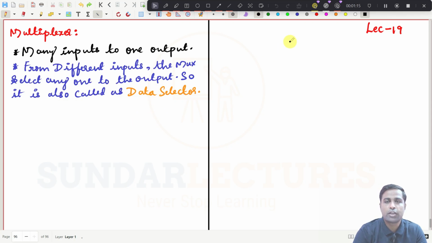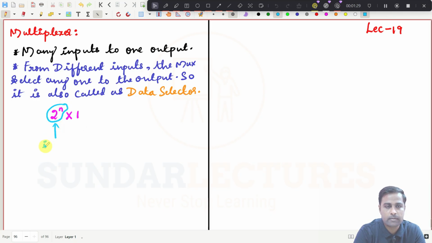For example, you can directly say that it is 2 power n cross 1. And what is this 2 power n? 2 power n is the number of inputs, and this 1 is the default output, only one output.